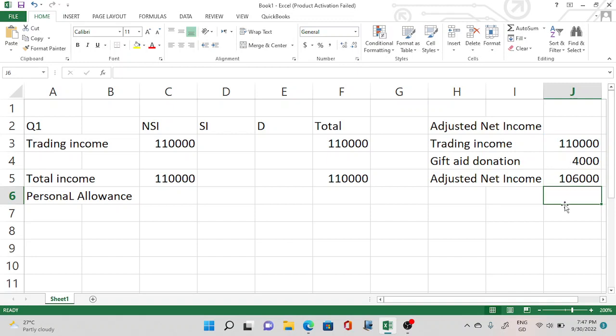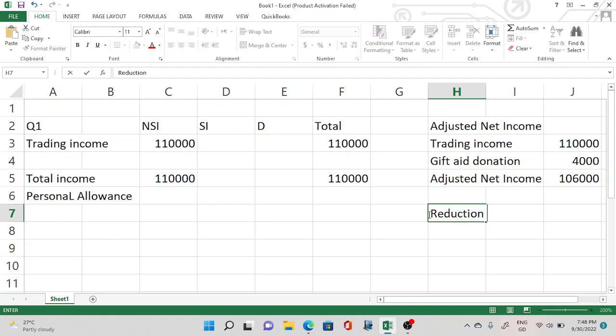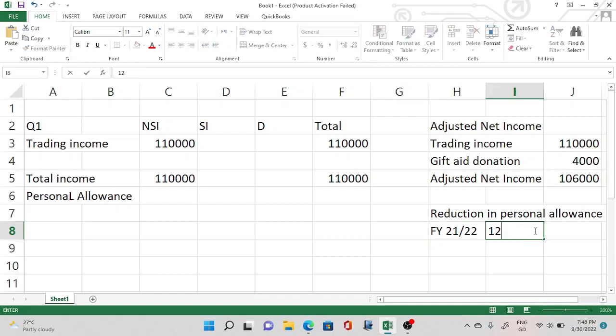Now the adjusted net income is 106,000, and we can see that it is more than the 1 lakh threshold. So finding the reduction in personal allowance is the next working. As per the fiscal year 21-22, the allowance is 12,570, which will be given in your tax table.